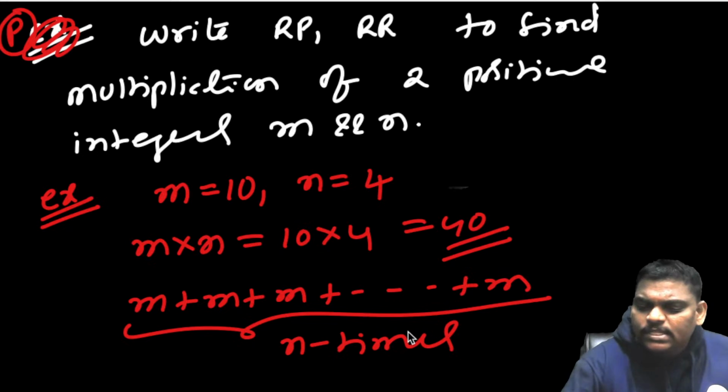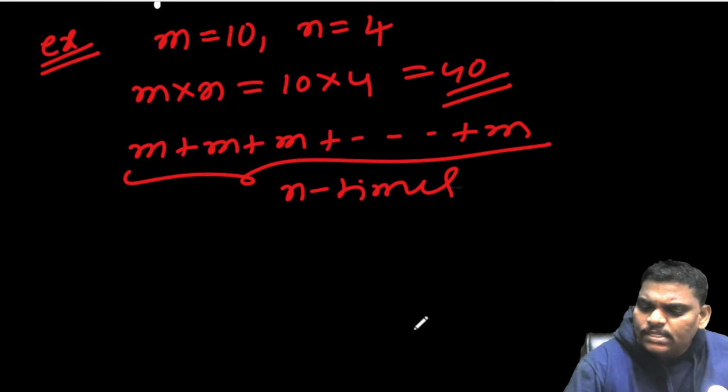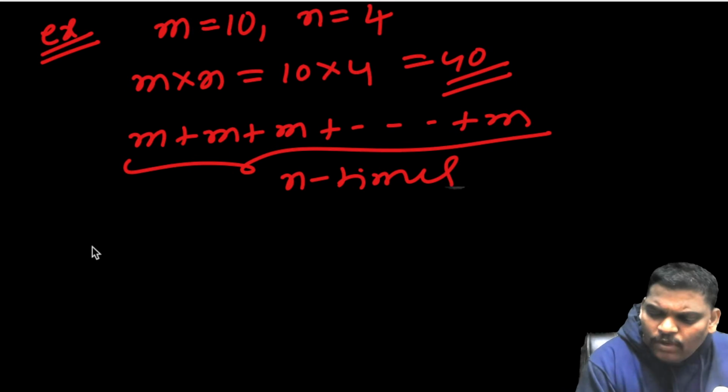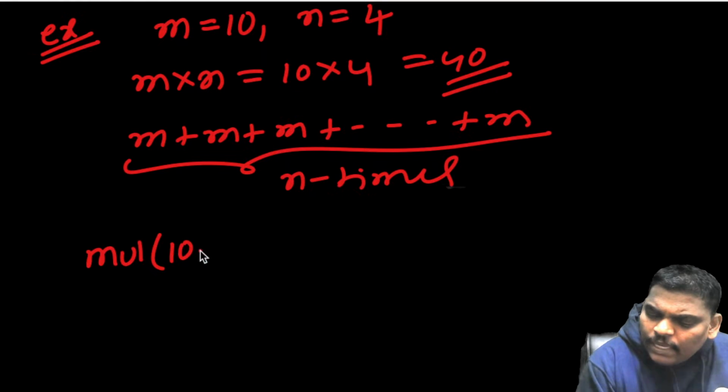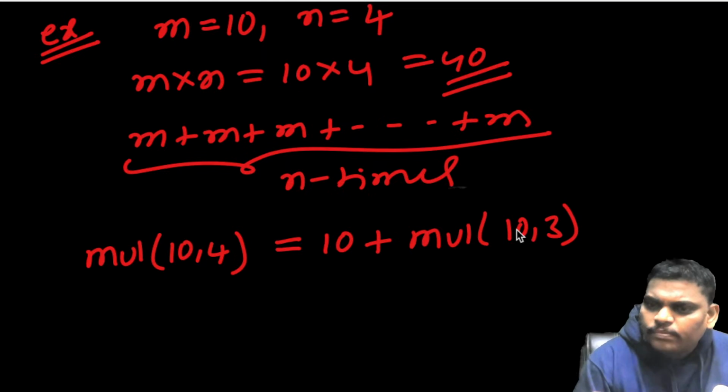If you are okay with this example, see how I am writing. Multiplication of 10 comma 4 is equal to adding 10 one time, plus the remaining multiplication of 10 comma 3.